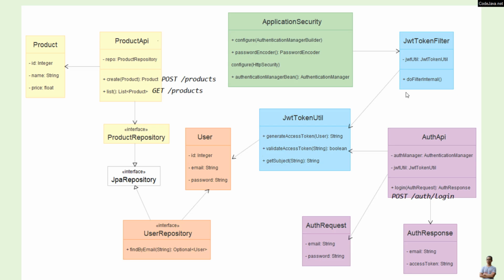And next, we need to update the TokenUtil class, coding the validateAccessToken and getSubject methods, which will be used by the token filter class in order to verify a JSON web token sent from the client.